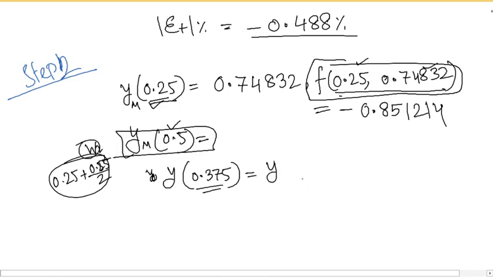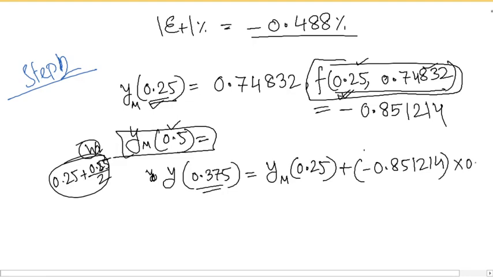Obviously you will be using the value at 0.25 plus the slope at this point, that is 0.851214 multiplied by h by 2, in this case 0.125, half of the step size, as we are determining the midpoint. So the value at the midpoint will be 0.64192.